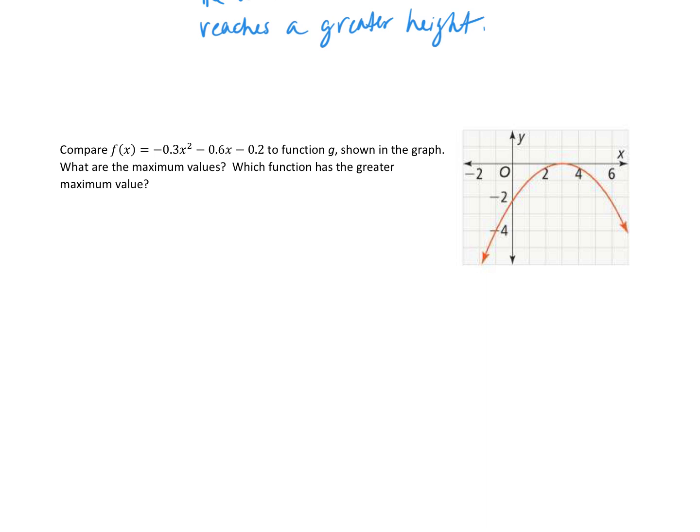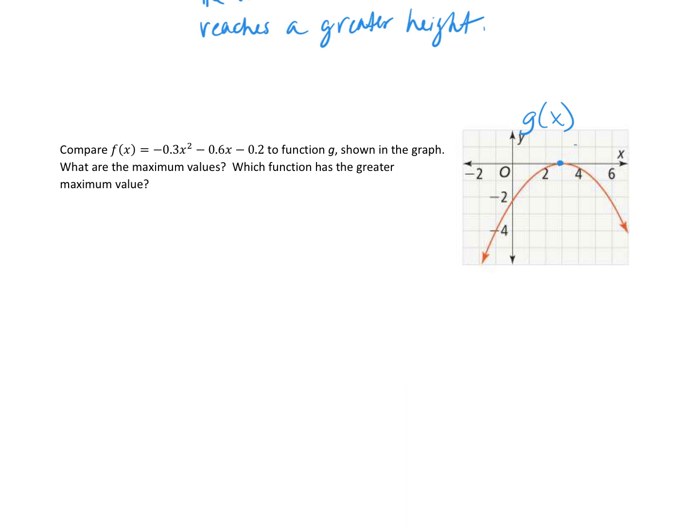All right, one more question. Compare f of x equals this function in standard form to function g shown in the graph. So this is g of x over here. What are the maximum values? Which function has a greater maximum value? Maximum value is the highest point of the graph. If your parabola is opening down, the highest point is at the vertex, right there.